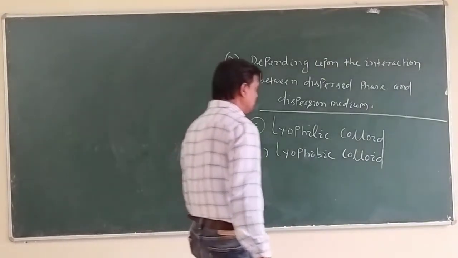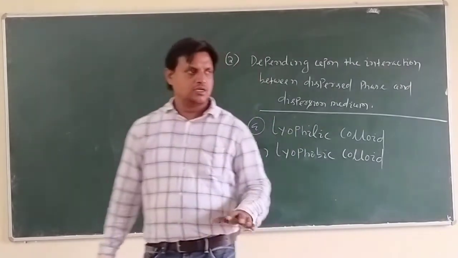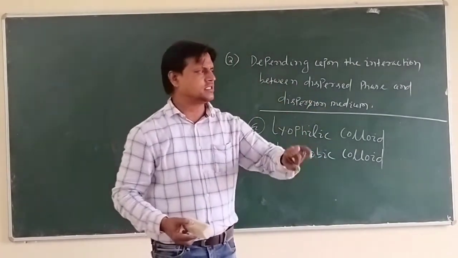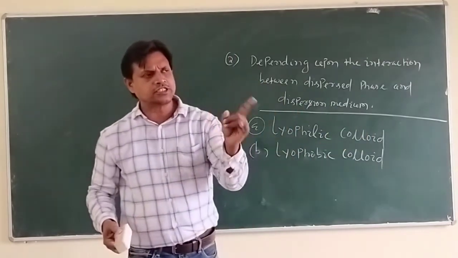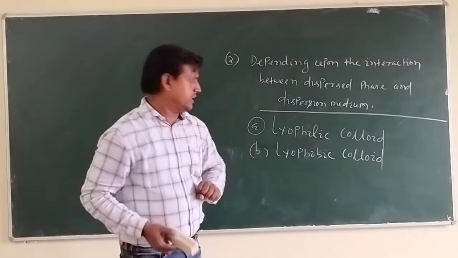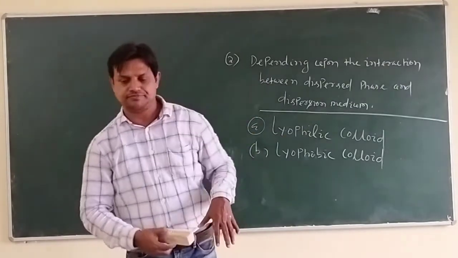Depending upon the interaction between dispersed phase and dispersion medium, the interaction between solvent and solute. Dispersion medium means solvent. Dispersed phase means solute. We have got two types of colloid. One is lyophilic colloid and the other is lyophobic colloid.